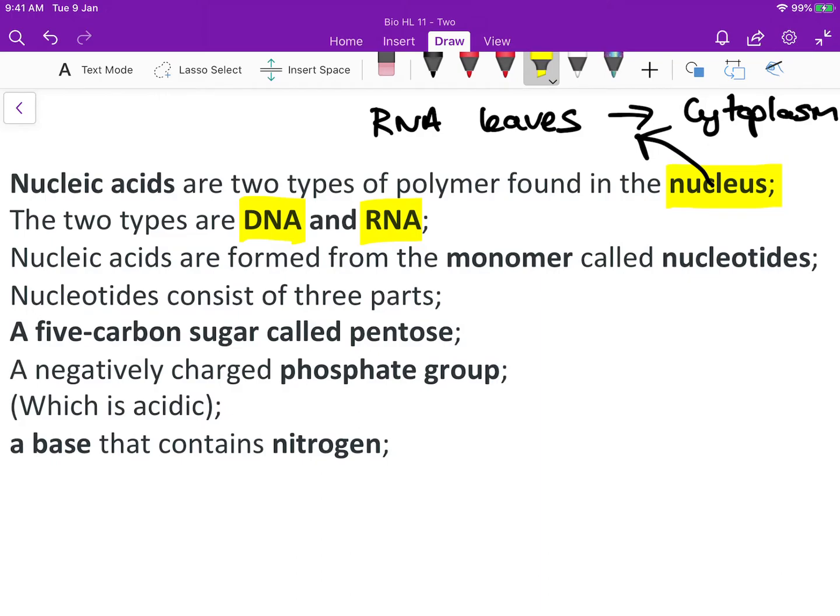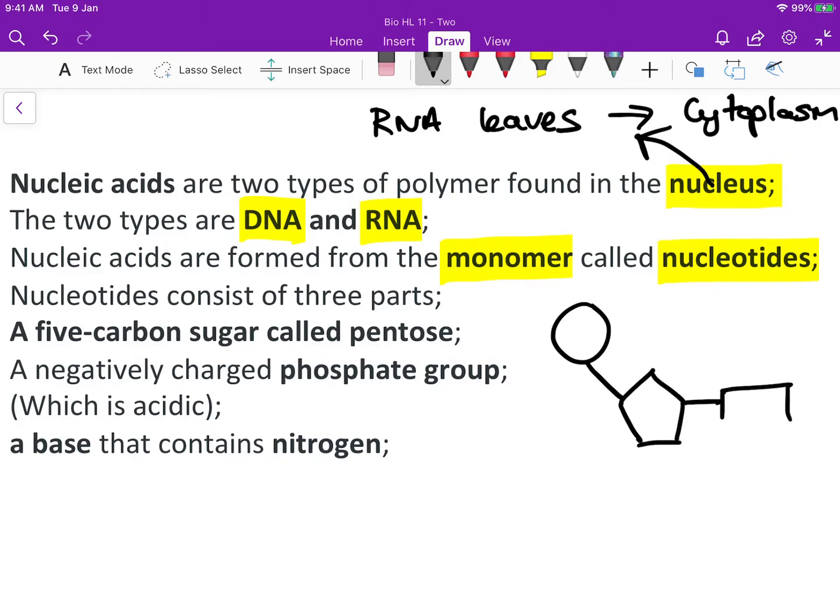They're a polymer formed from the monomer. The monomer that we just drew up there was a nucleotide. So a nucleotide is those three things linked together. One nucleotide is all of that.